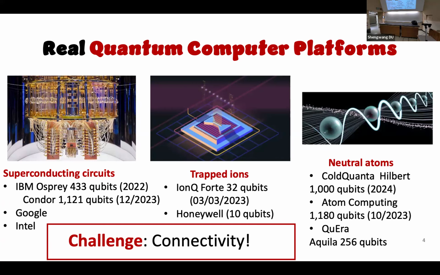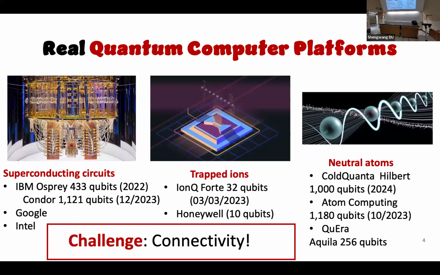As I showed before, you want full connectivity, so any 2 qubits in the system can talk to each other. But this one is not. Even with more than 1,000 qubits, they don't have connectivity for all the qubits. So even if in the future they build a million qubits, it's still not that useful. That is the problem.